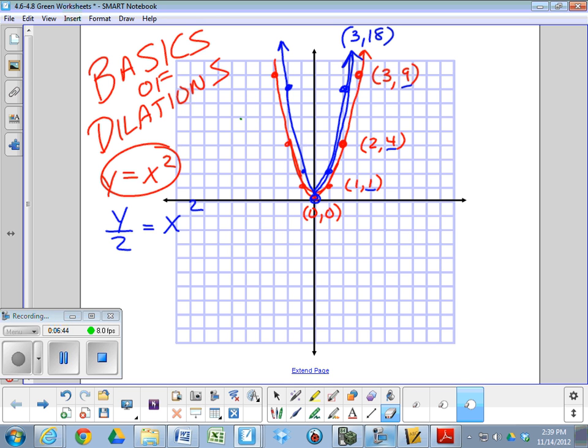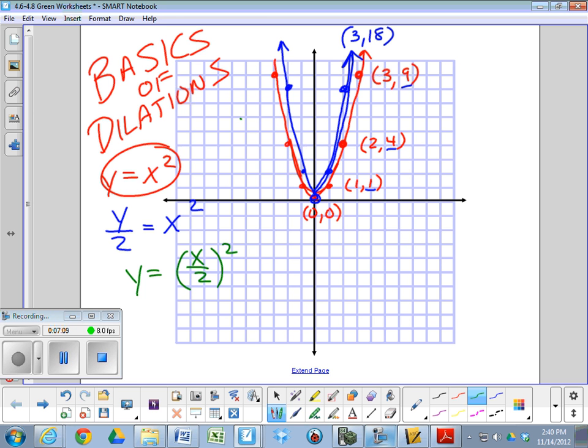Okay? Now we're going to do in green, y equals, what if it's the x over 2 squared? Here's what happens. Ready? When the x is divided by 2, instead of doubling the y's, it actually doubles the x's. You know how with x, everything seems kind of backwards? X minus 3 is right 3.